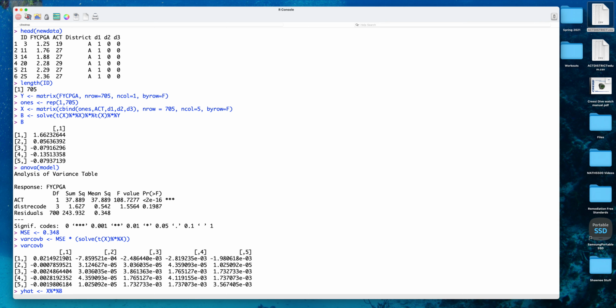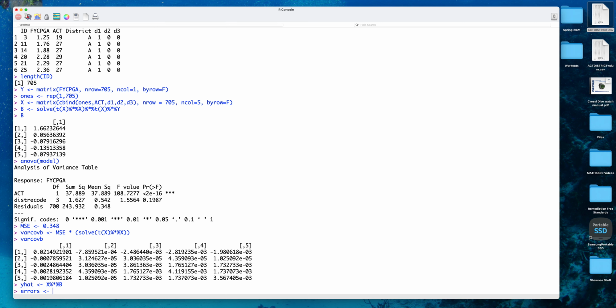I'm not going to print y hat because we would have 705 elements there. Our errors, again, are easy to calculate. It's just our observed minus our predicted, so the first year college GPA minus y hat.